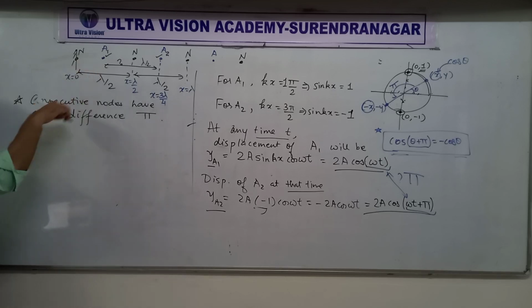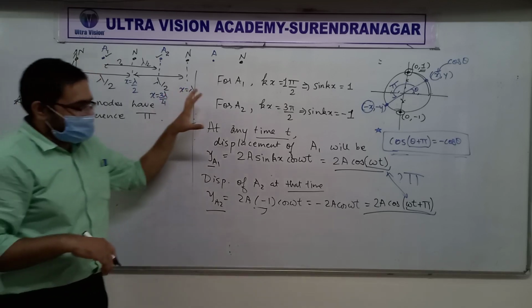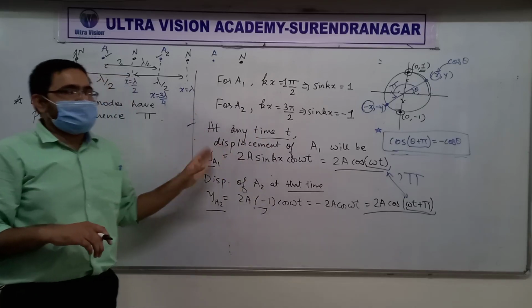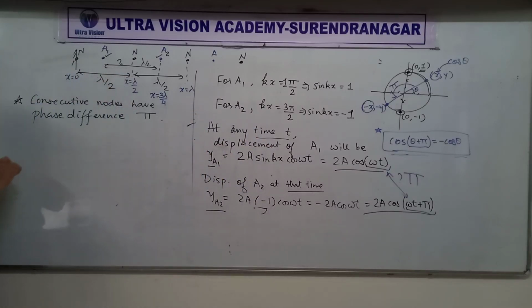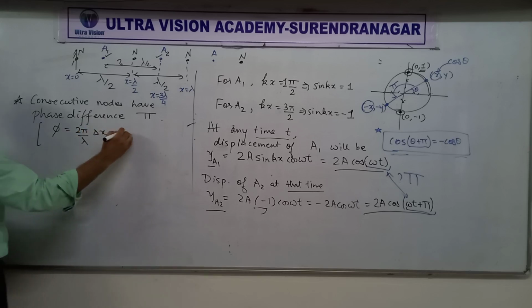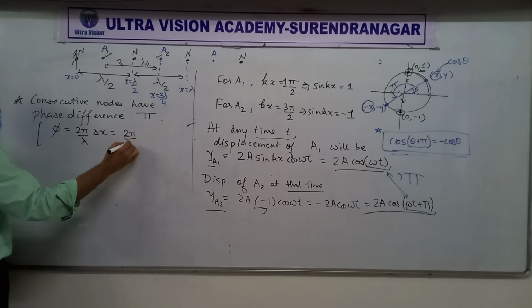There is another way to understand also. Even then the maths is necessary. Let me tell you that this maths is important for one more purpose. You could have done this directly using this also: phi equals 2 pi by lambda into delta x. Do you remember this? Like you were suggesting, Ami.